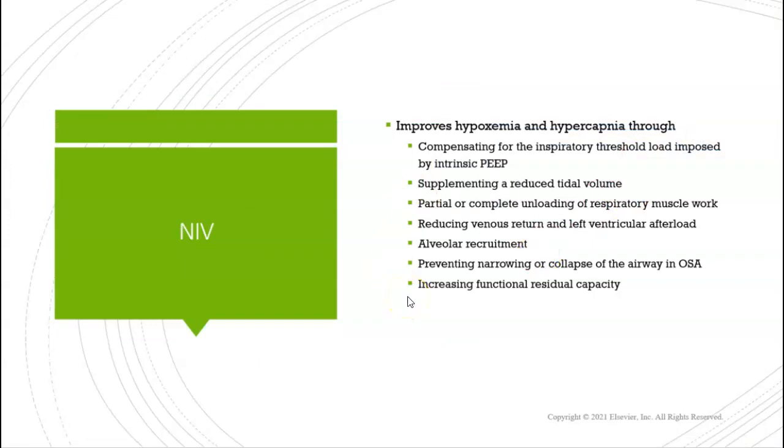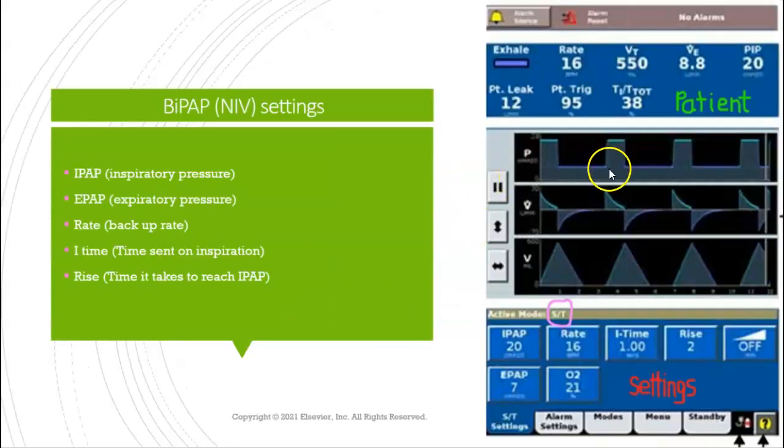So the goals of non-invasive ventilation are to improve hypoxemia and hypercapnia, and that's through compensating for the inspiratory threshold load from auto-PEEP. If I weren't on a non-invasive ventilator, I would have to create this pressure gradient all on my own with my inspiratory muscles.